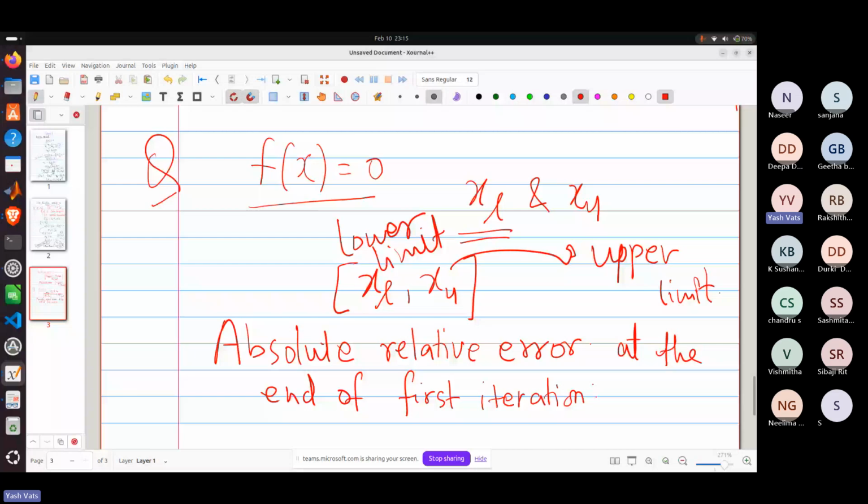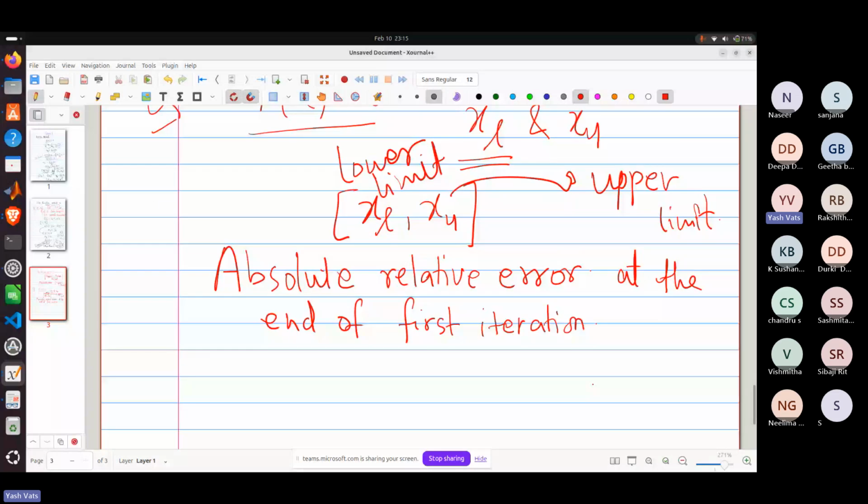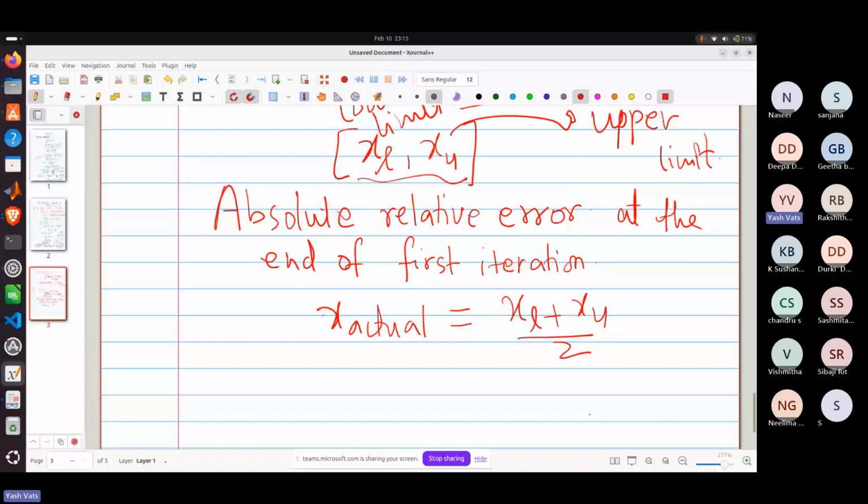In this case, I will say the actual root is given, and the approximate value is xu or xl.